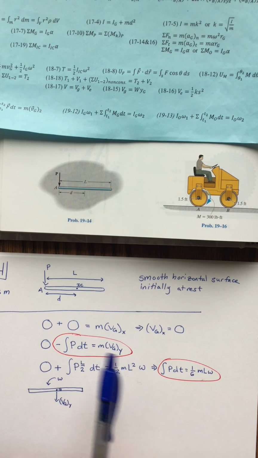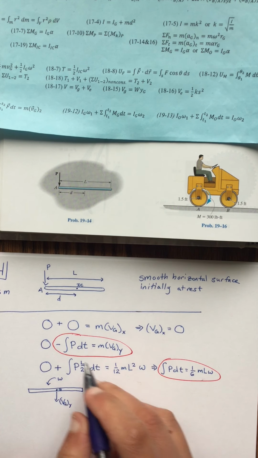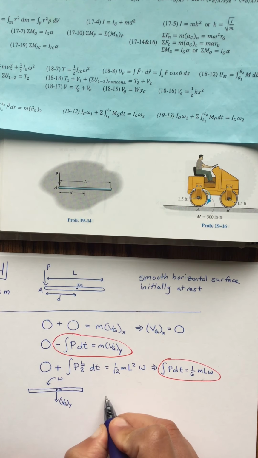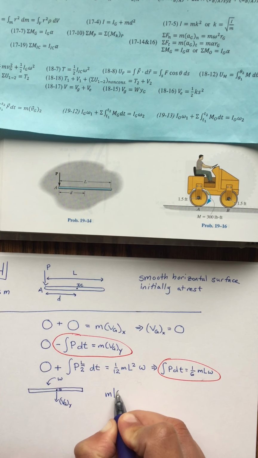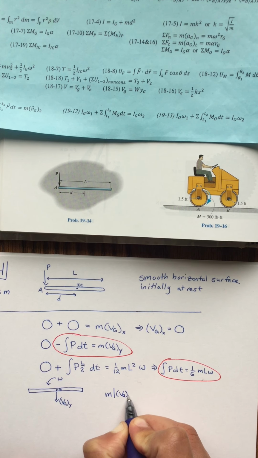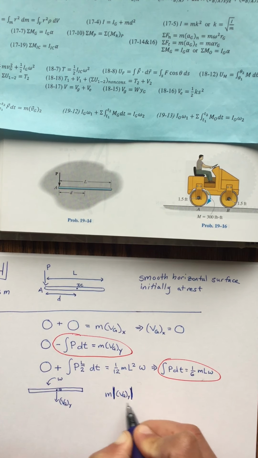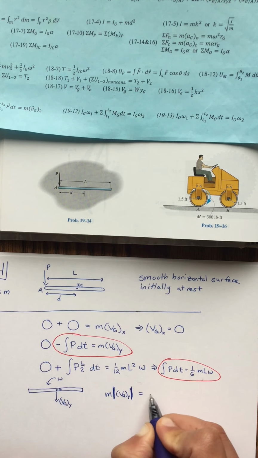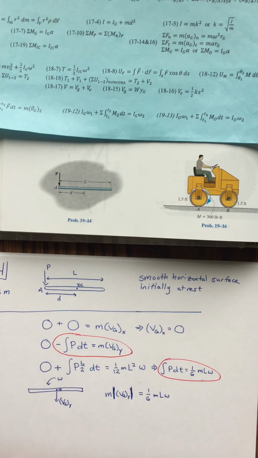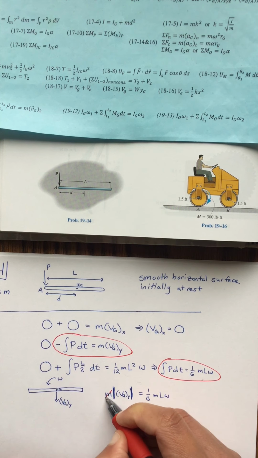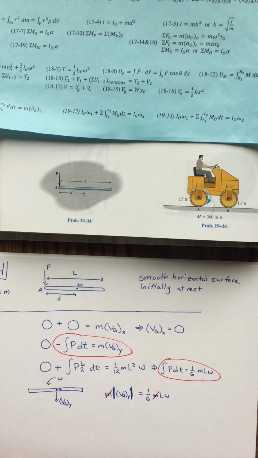Okay, so I can relate these two here, and maybe I just want to say the absolute value of v_Gy, since I know it's going in the negative direction. That's equal to this 1/6 ml times omega, and then our masses cancel out.